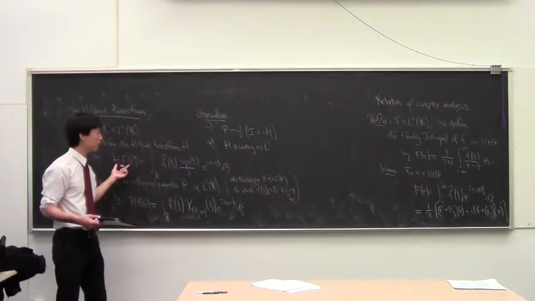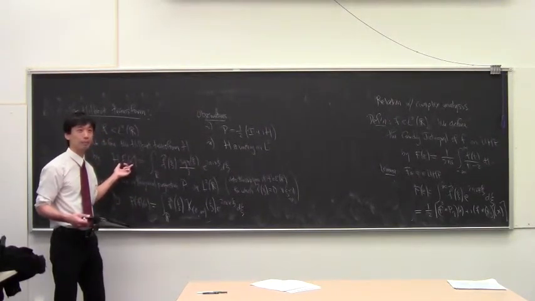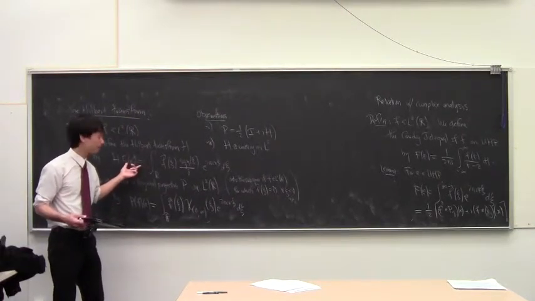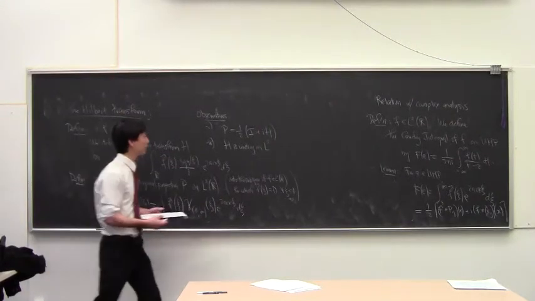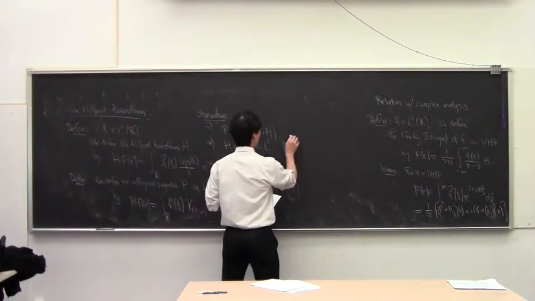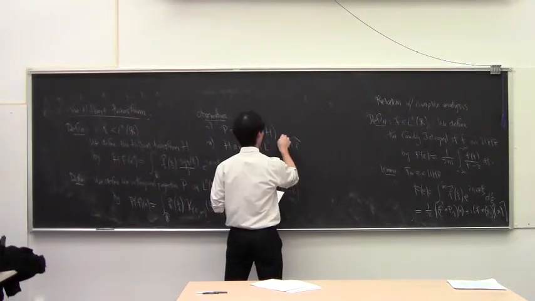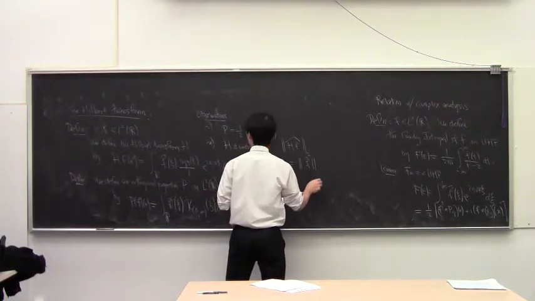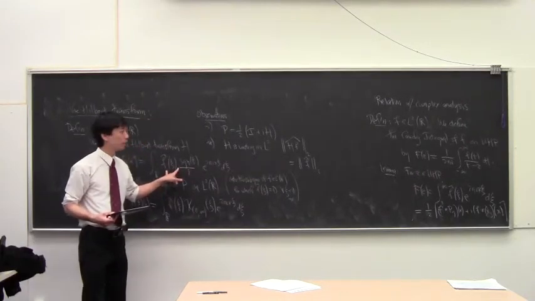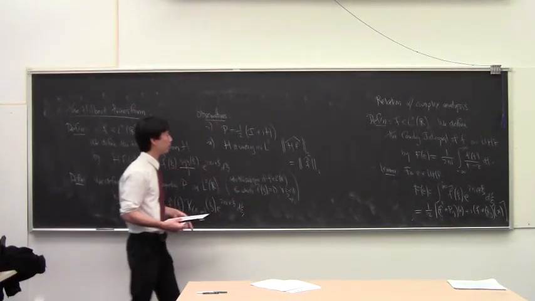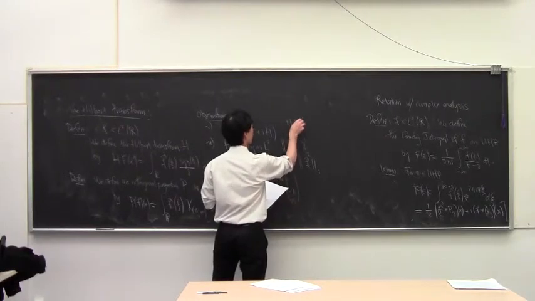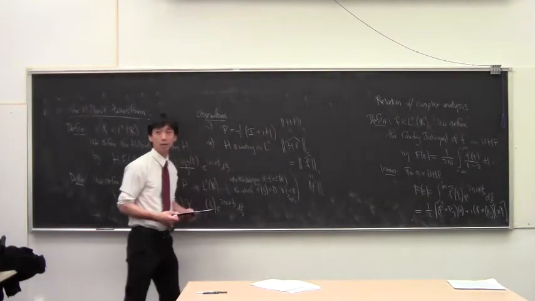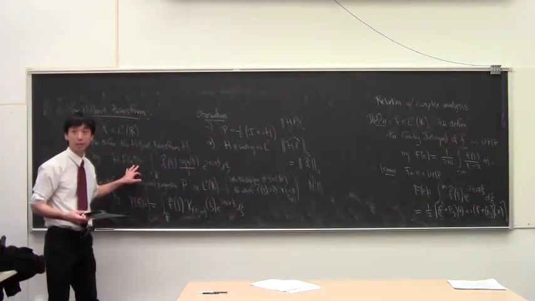And so H preserves the L2 norm. Because if you take the Fourier transform of this guy and take its L2 norm, that's just going to be the L2 norm of the Fourier transform of the original function, and then by Plancherel's theorem, we know that this is true. So H is unitary.